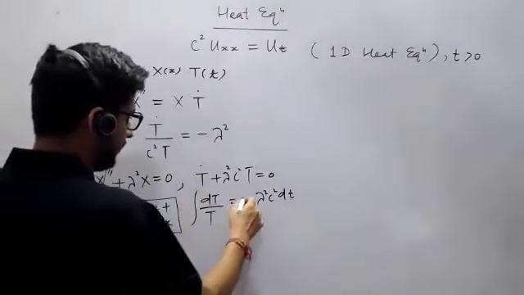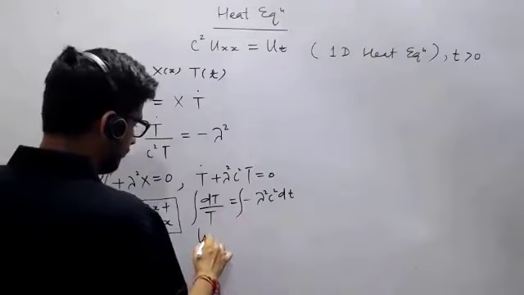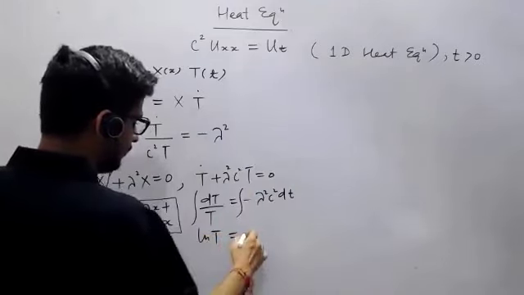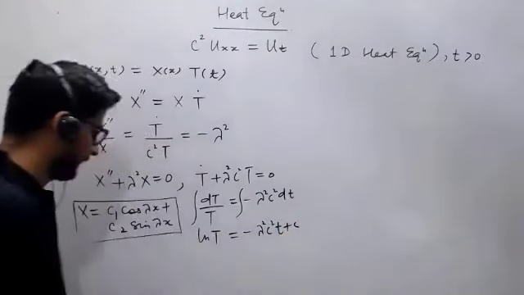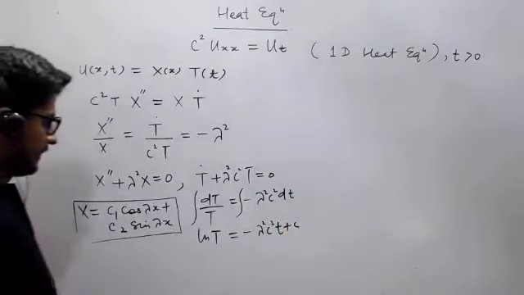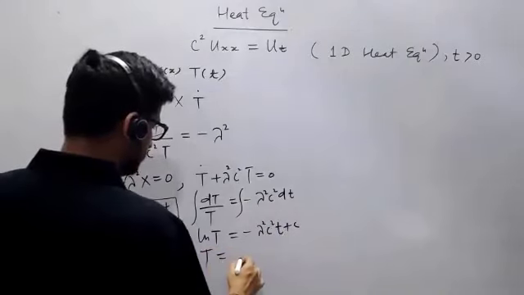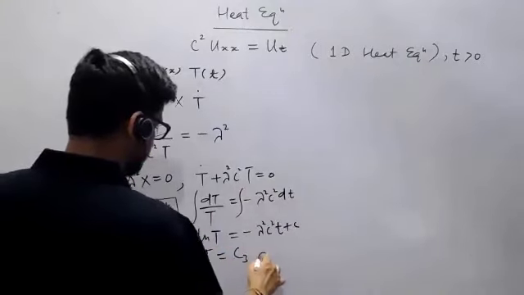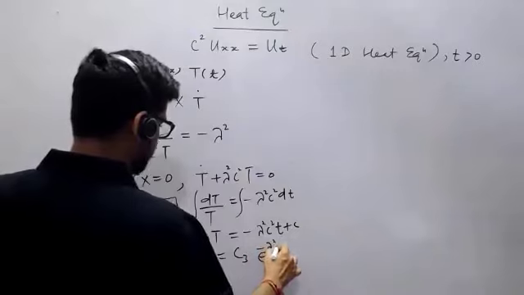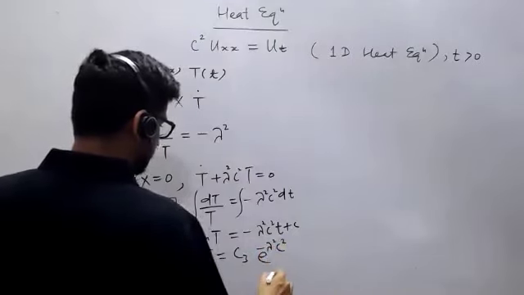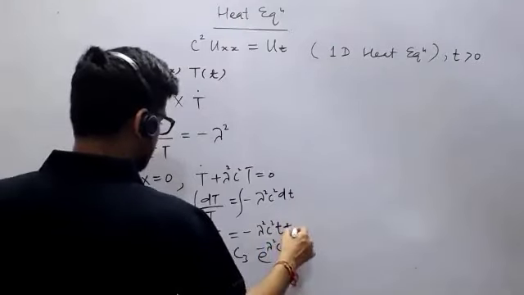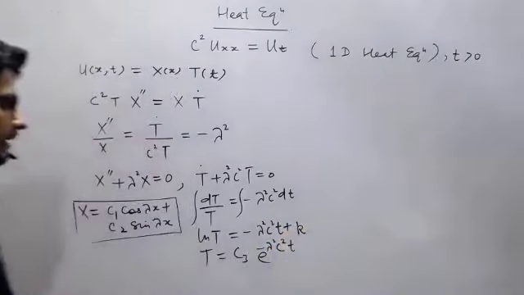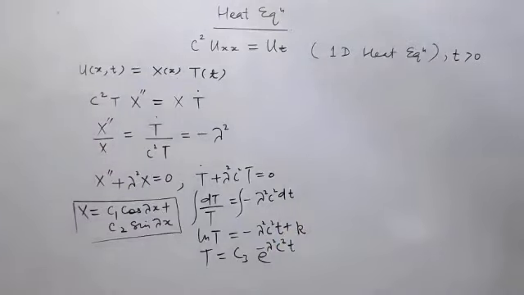So after integration, it will give you ln of T is equal to minus lambda square c square t plus c. Okay, so what is the value of T? It is c3 times e to the power minus lambda square c square t, and let us not write it c but k because c is already there. Now what is the solution?